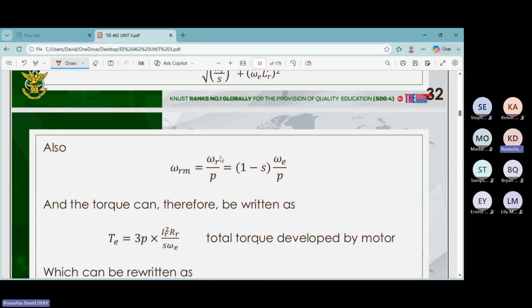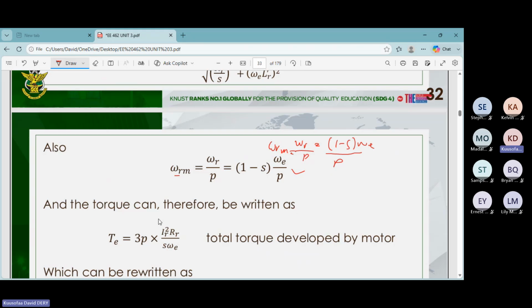We've also seen how to convert from electrical to mechanical using this relationship, right? So we know that omega R is given by (1 minus S) omega E. So this is electrical. So we want to convert it to mechanical, then you divide this by what? P A by P, and this is omega R mechanical. So this is where this is also coming from, right?